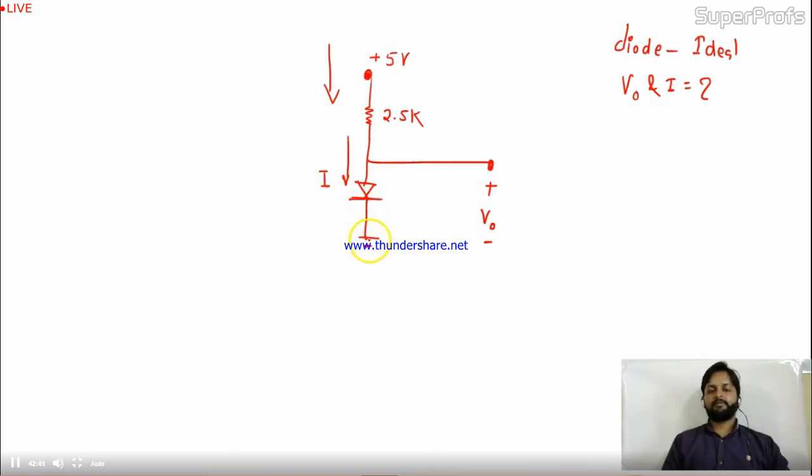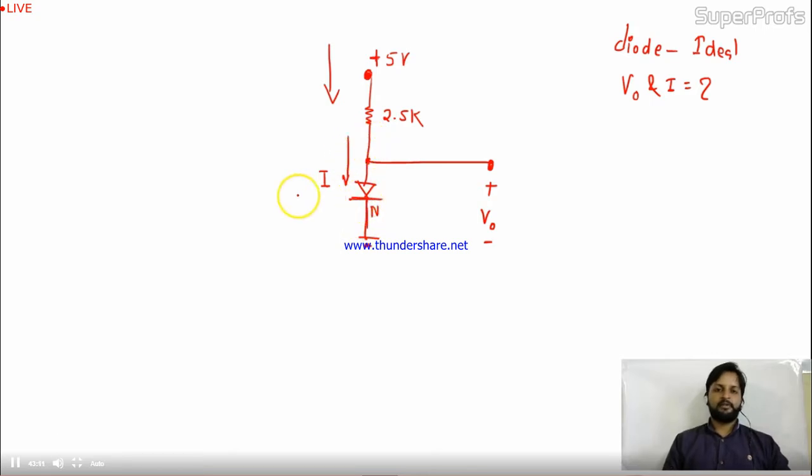Because the negative terminal of the diode is connected directly to the ground. So obviously the potential at the P terminal will be higher than the N terminal, because the positive of the battery is applied to the P type. Some drop will be there across 2.5k, but at the end the potential here will be higher than this, right? Because the N part of the diode is directly connected to the ground. So this will be forward bias.